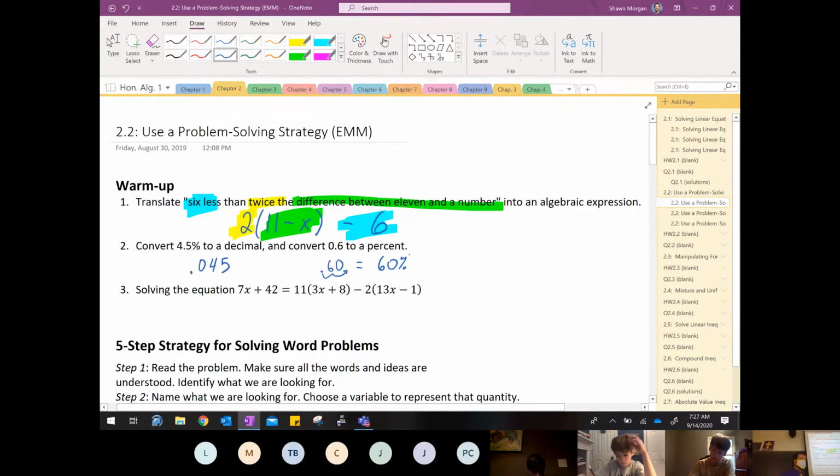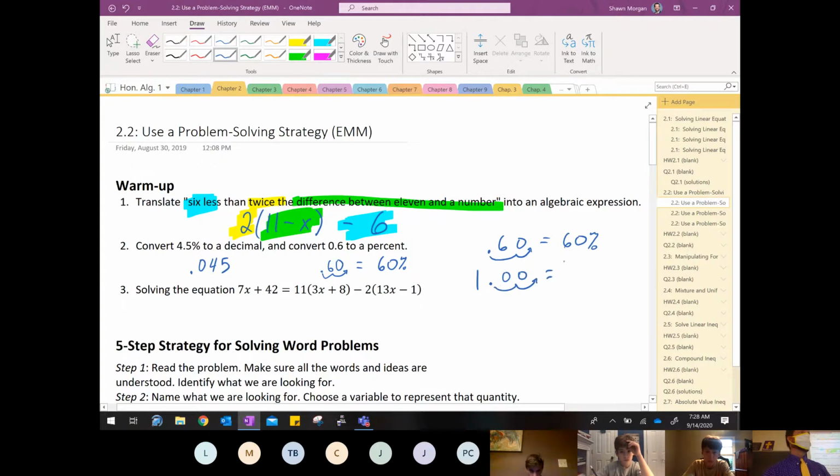Reed, what's 1 as far as a percent? So if 0.6 is 60%, what would be 1? Think about it like this. If I've got 0.6 and I move it to the right 2 spots to get 60%, then with 1, I'm going to move it to the right 2 spots and get what? 100%.